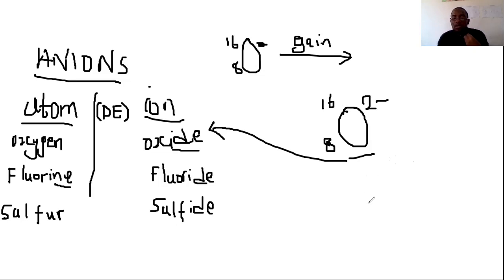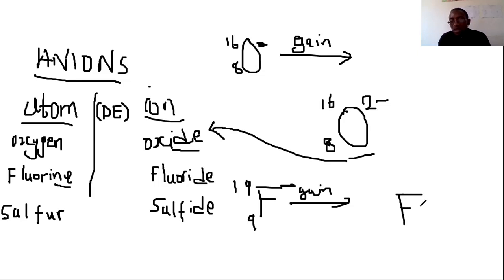What about fluorine? The fluorine atom is F, 19, 9. If it's an atom, it doesn't have any charge, so it's neutral. Now what happens when it gains electrons? What is the symbol? It's capital F. What is its valence number? It's coming from group 7.